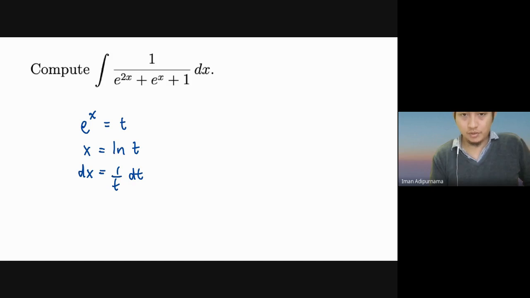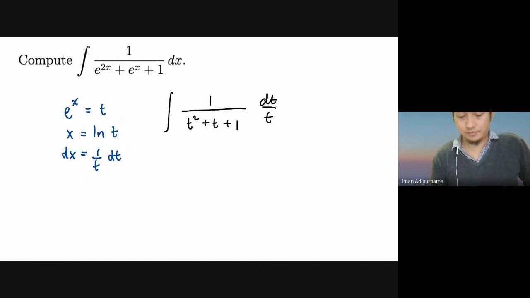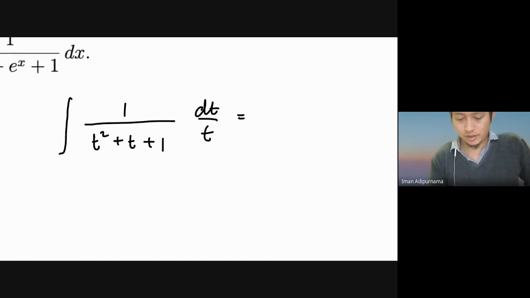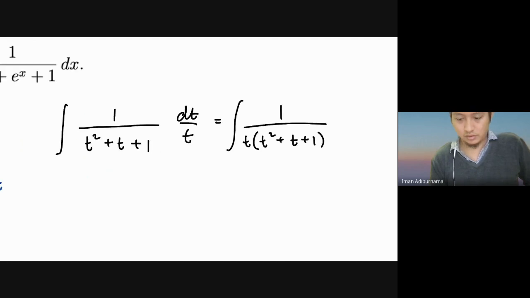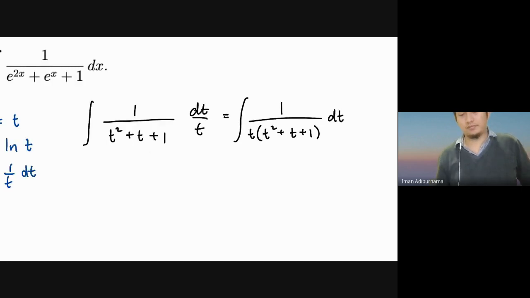Then the integral will be 1 over t squared plus t plus 1, and the dx will be having another dt over t. Okay, at least we are removing the e, the exponent.